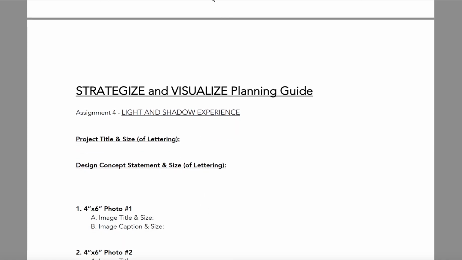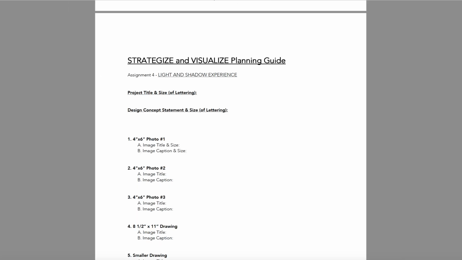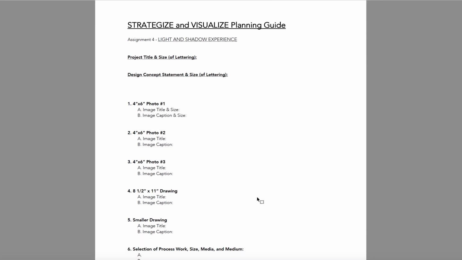And then here is that Strategize and Visualize planning guide. So this is where you're putting all your ducks in a row, your project title, and then the size of lettering. So think about that lettering assignment that we just did in drafting. And if you aren't in drafting, we did a lettering assignment where we were looking at the height of letters.